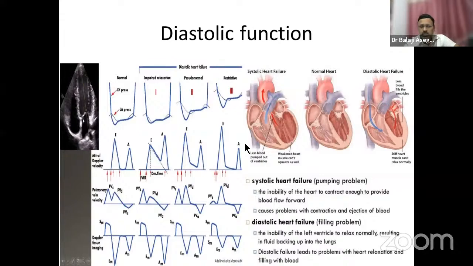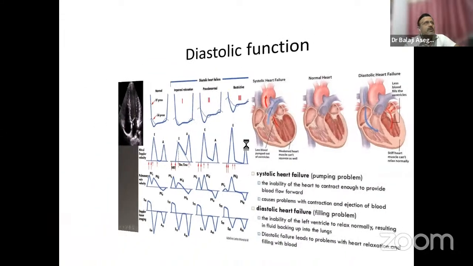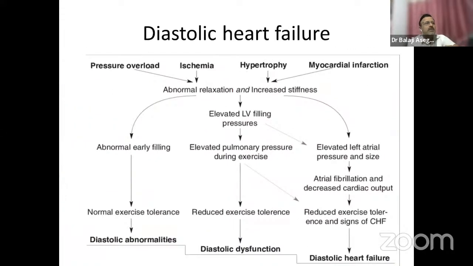It is usually mentioned in an echocardiography report, the degree of diastolic heart failure. Suppose a patient has an early diastolic dysfunction. All these patients will have a diastolic dysfunction, like if there is a pressure overload or hypertrophic heart, ischemia, previous infarction.